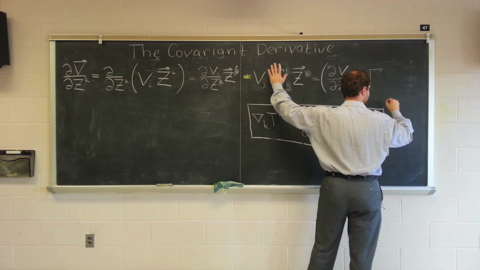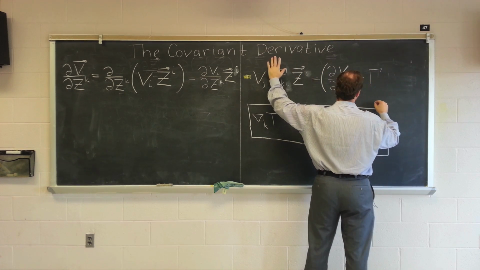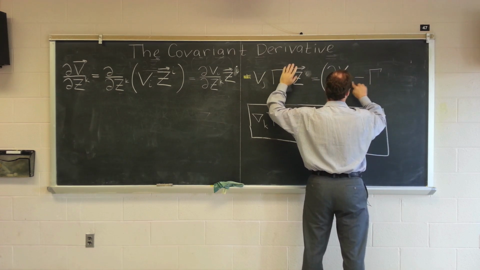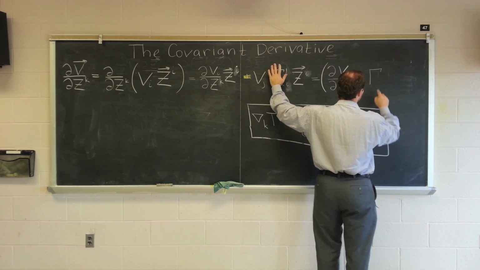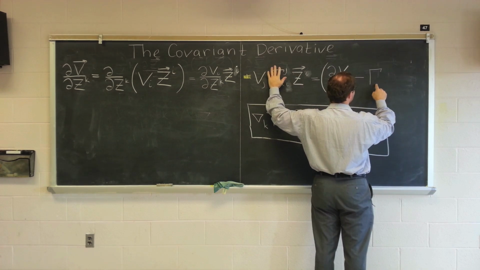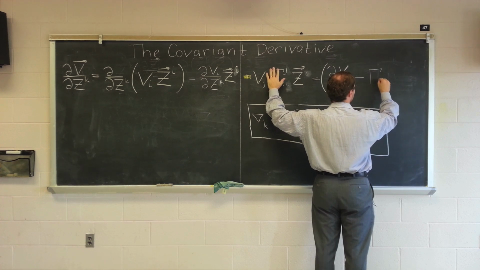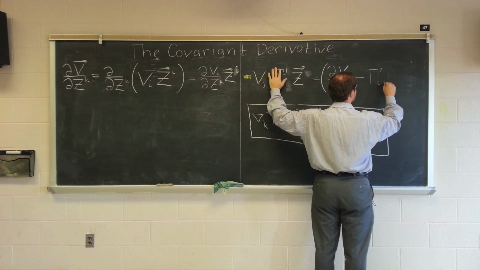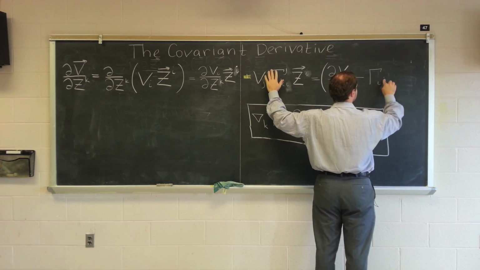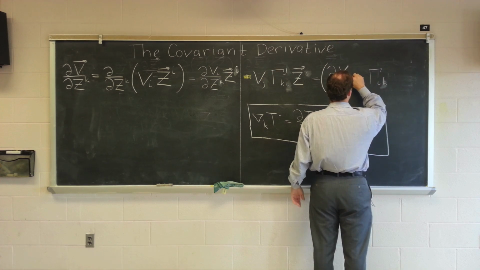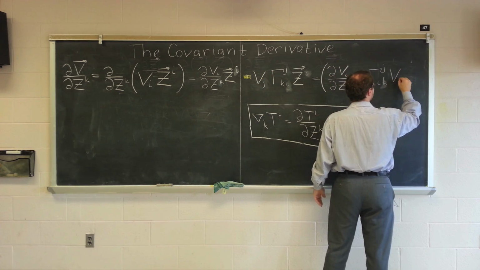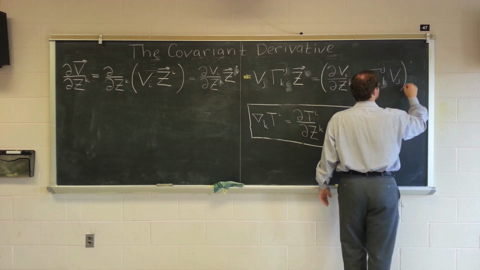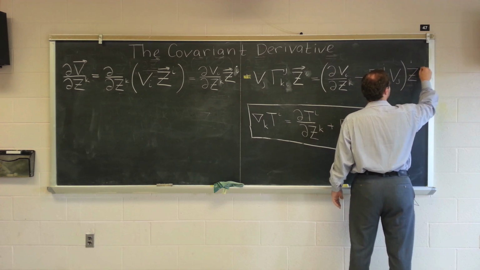I'm not even looking here, so pay attention to that. The point I'm trying to make now is that the indices will place themselves. Lower I, lower K, then upper J, vj, and then Zi.